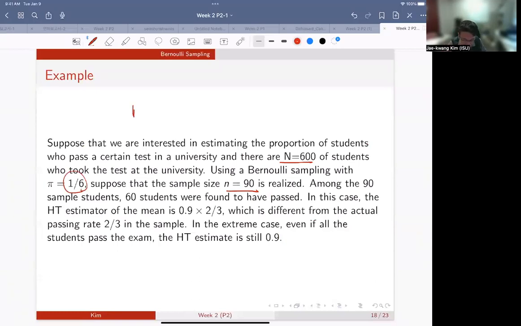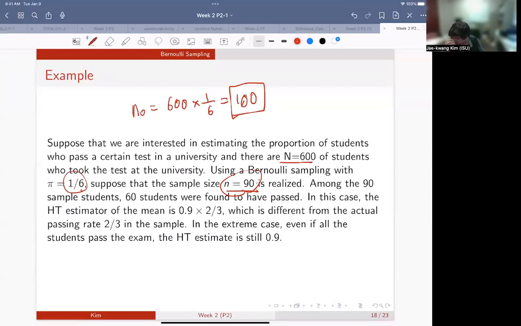So the expected sample size is what? It is a Bernoulli trial, so it's 600 times 1/6. So the expected sample size is 100, but the realized sample size is 90.